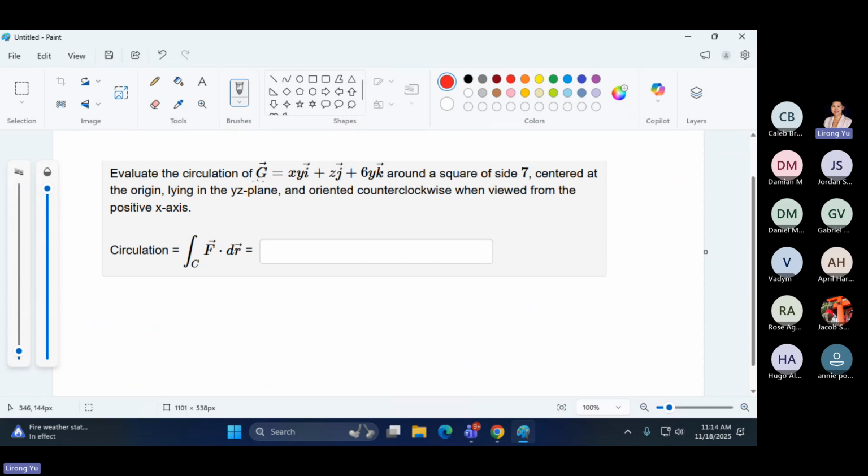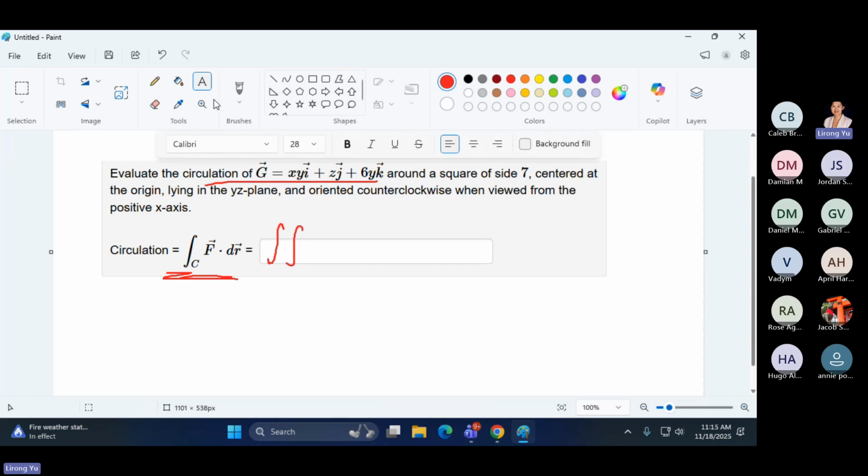Now, this question is a line integral, a circulation of a vector field, which is typically calculated with the line integral. According to Stokes theorem, it equals a surface integral. I should clarify, a surface integral is not the same as a double integral, but a surface integral will eventually be calculated using a double integral.